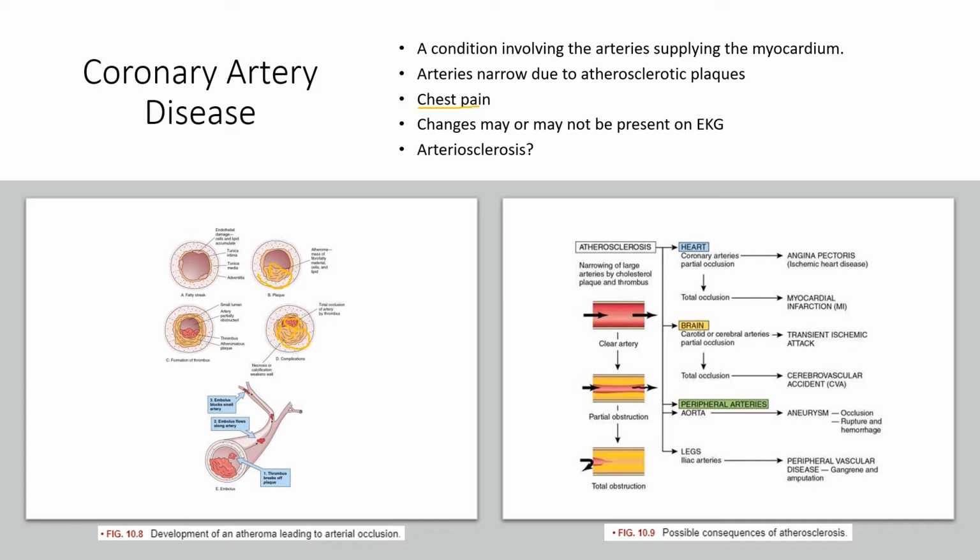So the plaques are actually deposits of fat, and the coronary arteries undergo that atherosclerotic process, which, like I said earlier, causes the narrowing of the lumen of the arteries, or the opening of the arteries. And then I want to draw your attention to this picture here. So narrowing of the large arteries by cholesterol plaques and thrombus. What can those actually do?